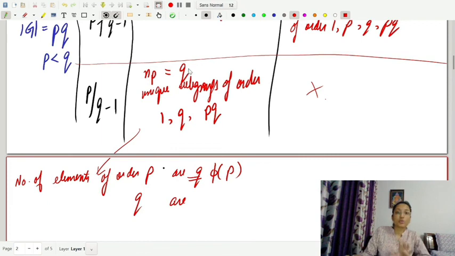Because there are Q Sylow P subgroups in G, and these are distinct, and hence we have multiplied Q. And here it was a unique subgroup of order Q, therefore the number of elements of order Q is phi of Q.